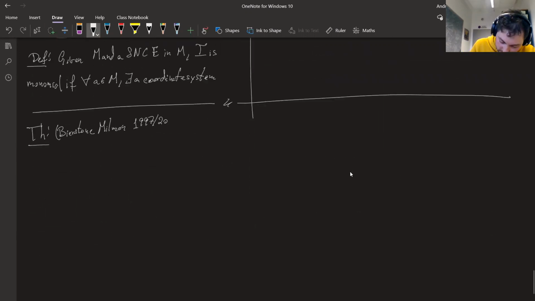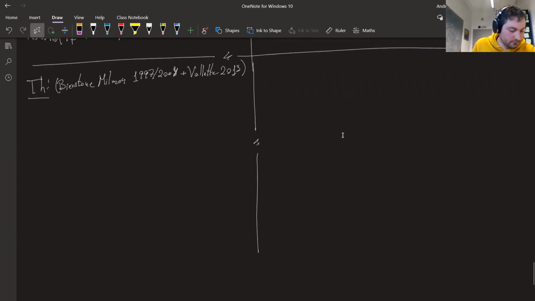Also 2004, and Bierstone and Milman, and Bierstone plus Vallette in 2013. That's when they found the formulation with the privileged and not finite type. So the following. So let's do the complete thing.